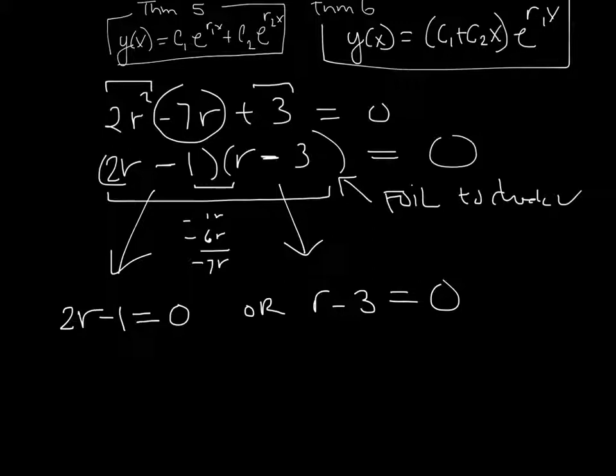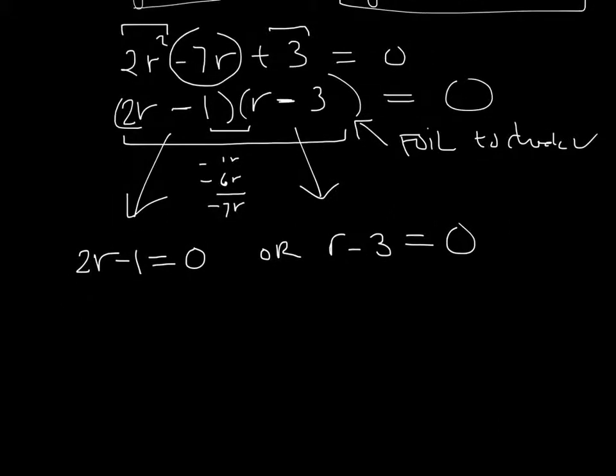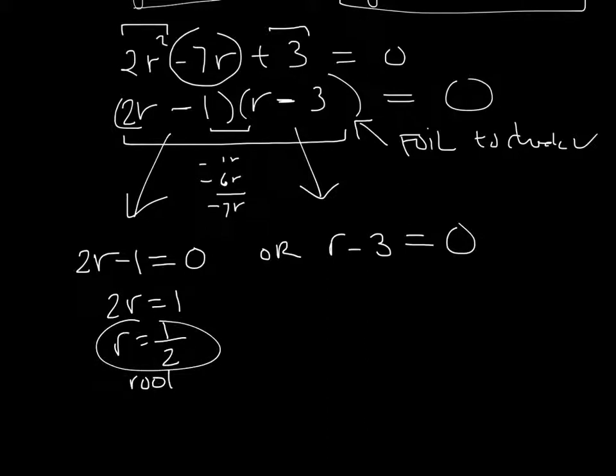Again, this is all from algebra. And if we solve for r, r is just a half. That's one of my roots, or sometimes they call them zeros. You can call this r sub 1 if you want, since it's the first one. Obviously here r has to be 3.